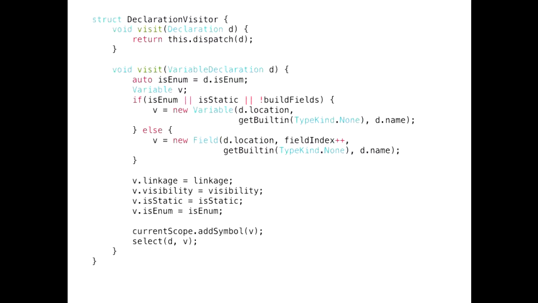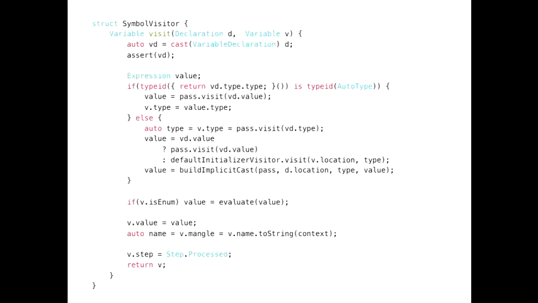You add to scope, and you select. So select, there is a bit of magic in there because you may be in a static context or something like that. But basically what the function select does is register the symbol into the scheduler. Broad overview.